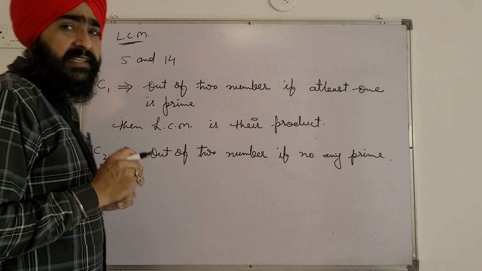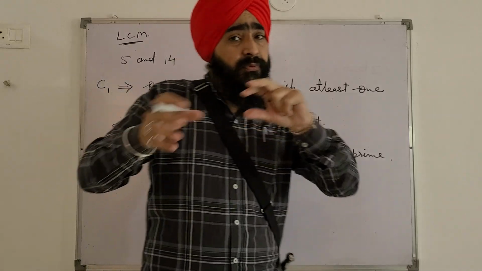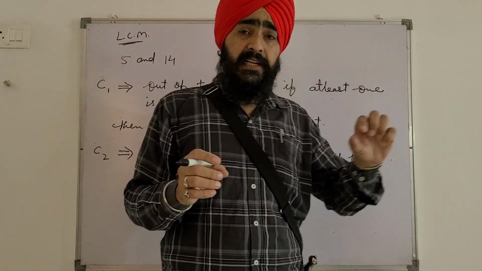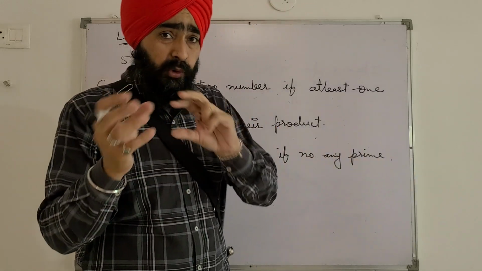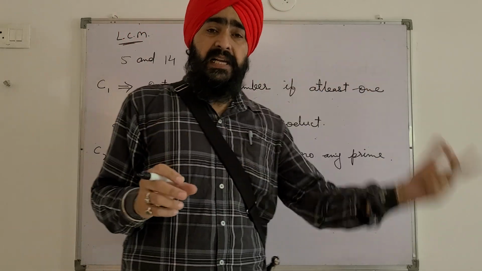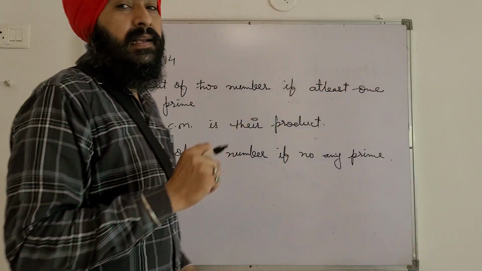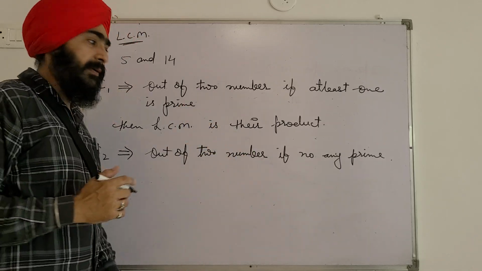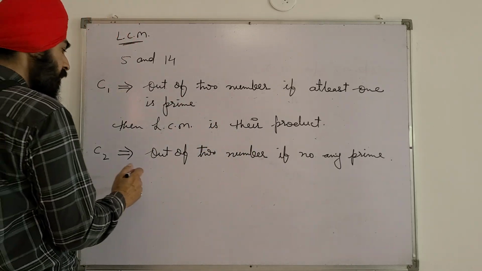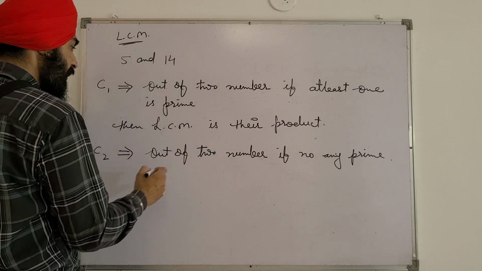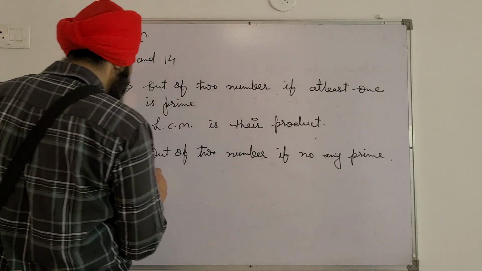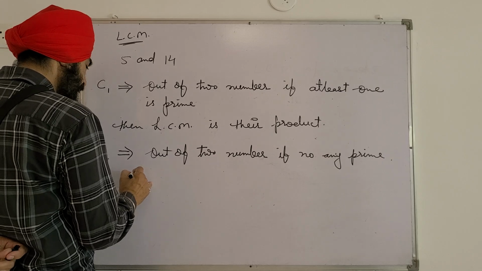We have to consider whether one of them is a multiple of the second one. क्या उन दोनों में से एक नंबर दूसरे का मल्टीपल है? अगर ऐसा है तो फिर जो मल्टीपल है वही एलसीएम है.